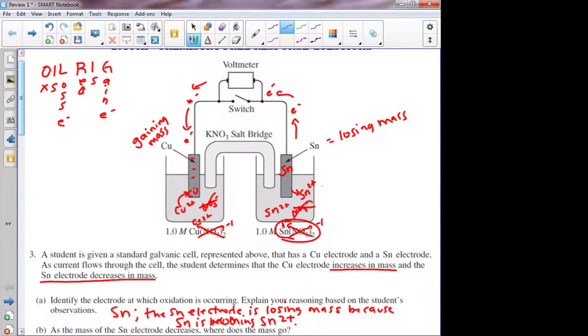When I lose electrons, I become more positive. When I gain electrons, I become more negative. My Sn, which has a charge of 0, is losing electrons and becoming Sn2 positive. So it's being oxidized. My copper ions in solution, Cu2 positive, are gaining electrons and just becoming Cu metal. Do we see that?